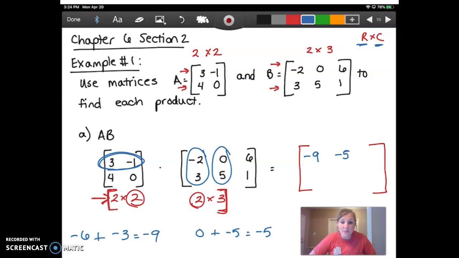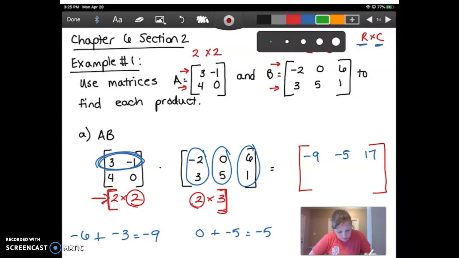And then for the last one, I would do first row, last column. Once again, mental math. So 3 times 6 is 18. Negative 1 times 1 is negative 1. So 18 minus 1 is 17. For the bottom row, I'm going to multiply bottom row by first column.